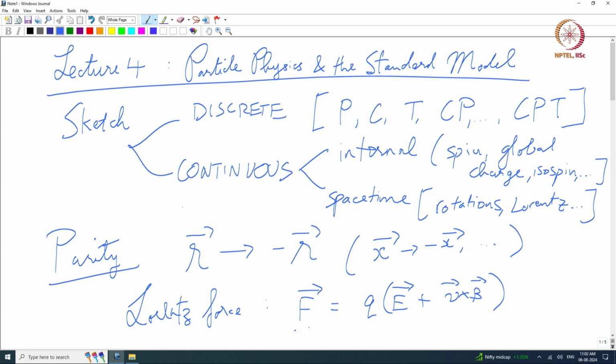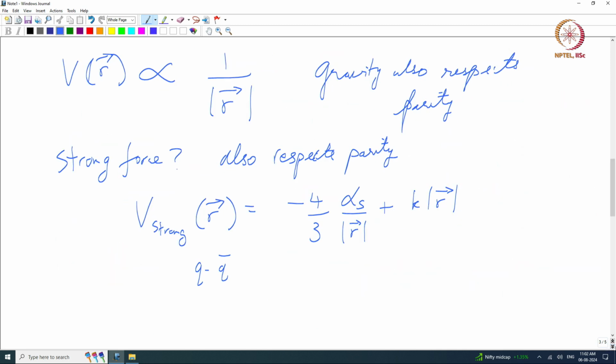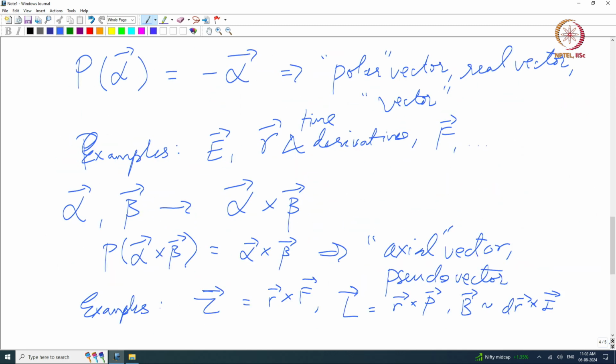So here, when we wrote down the Lorentz force, on the right hand side we wrote down two polar vectors, and then they flipped sign. On the left hand side we wrote something which is a force, and thankfully it also flipped sign. It is a polar vector, because we know separately from the Lorentz force that the force should be a polar vector, and it also flipped sign. So that is a good sanity check that electromagnetism indeed does respect parity, correct.